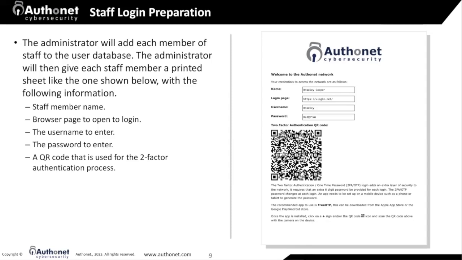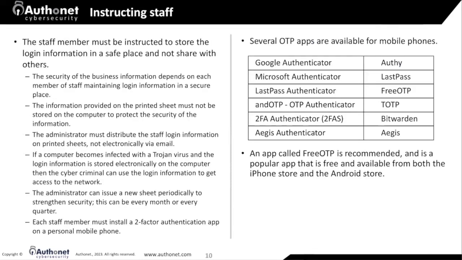And finally, we have a QR code for 2-factor authentication, and that's very important. Always use 2-factor authentication to authenticate users onto the network. And so the information that the user needs is here, and we have to safeguard this information.